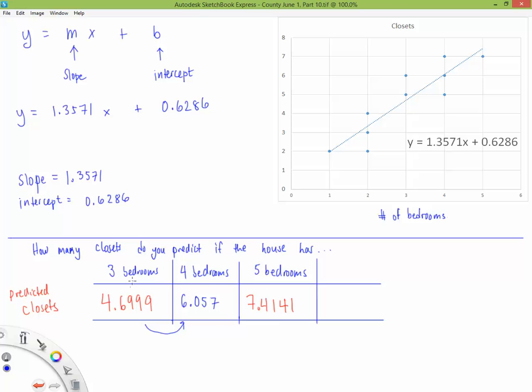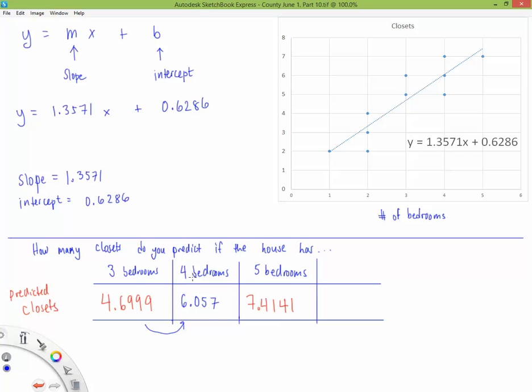So when the house had 3 bedrooms, I predicted it had this many closets. When the house has 4 bedrooms, again, this is my prediction. How much did my prediction change by changing it from 3 bedrooms to 4 bedrooms? That's my question.